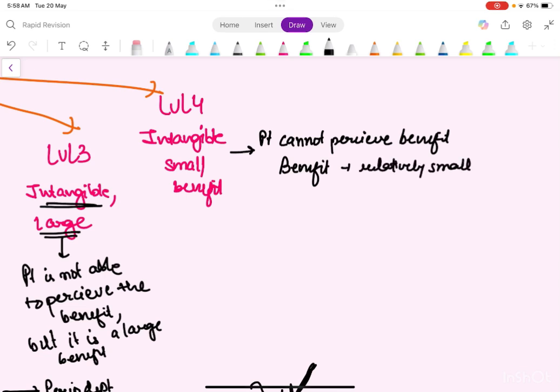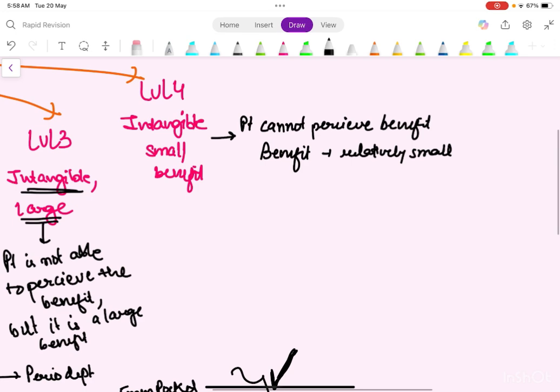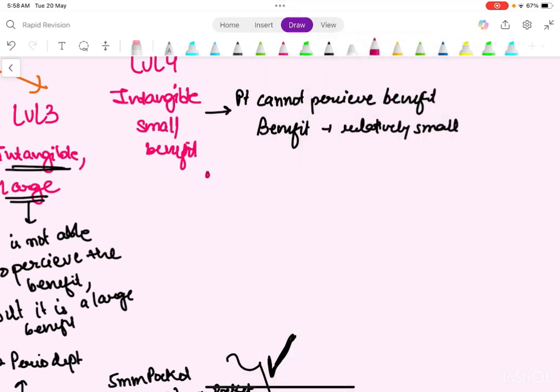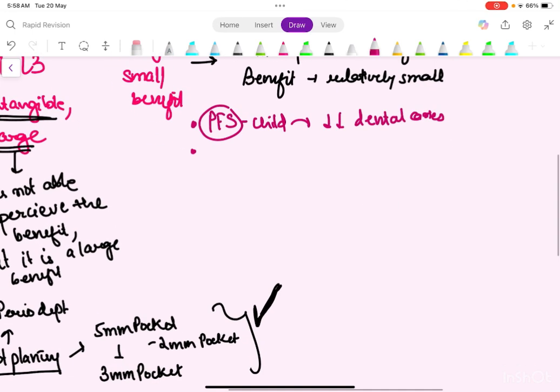Suppose there's a small kid who has come to me and I do pit and fissure sealants on the child. It will lead to a decrease in dental caries, but how much it decreases is relatively less, and the patient would be like, oh, he just applied something, but he does not know that we are preventing caries.